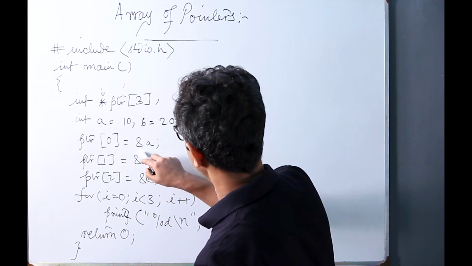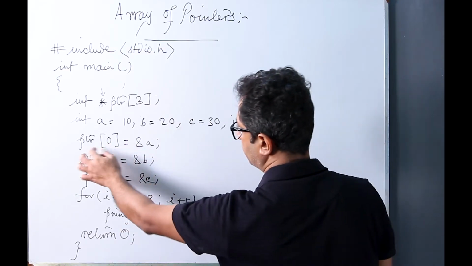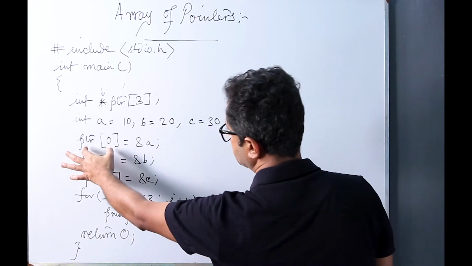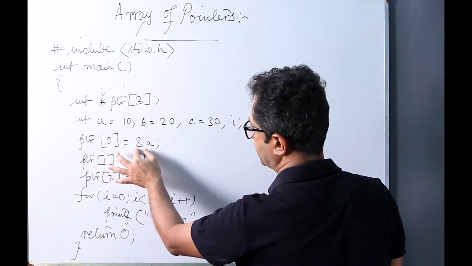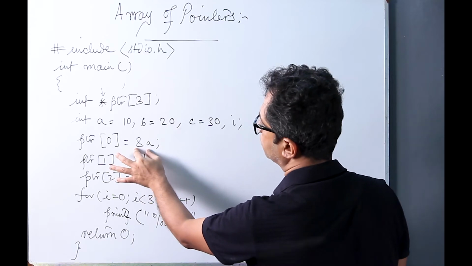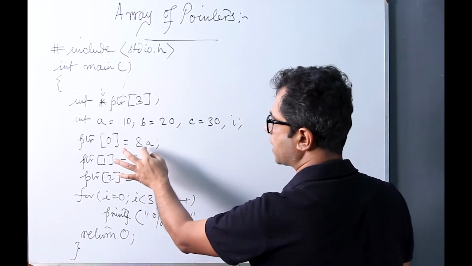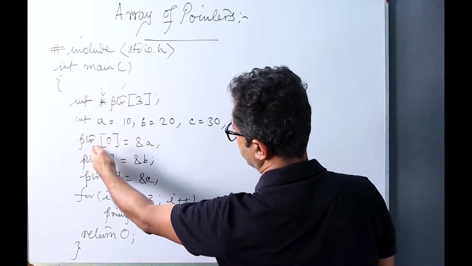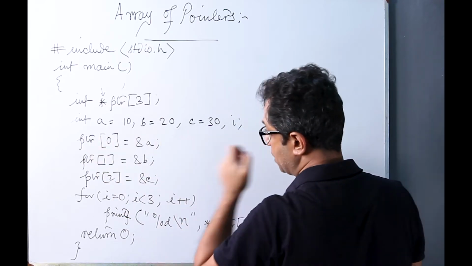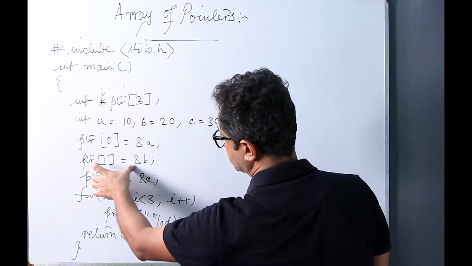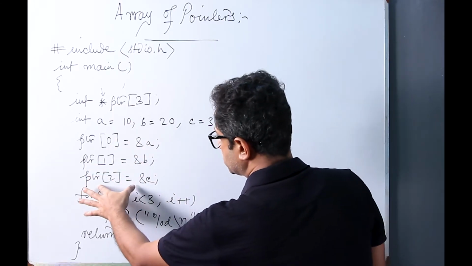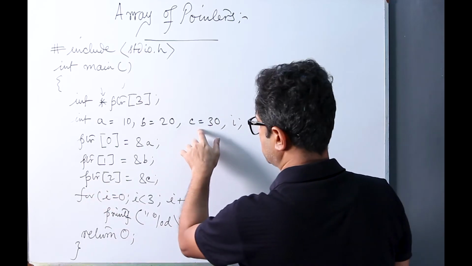Now I have written ptr0 is equal to ampersand a. The subscript of ptr in this line is 0, and ptr0 is equal to ampersand a means whatever is the address of a will be stored in this location, that is ptr0. ptr1 will store the address of the variable b, ptr2 will store the address of the variable c.